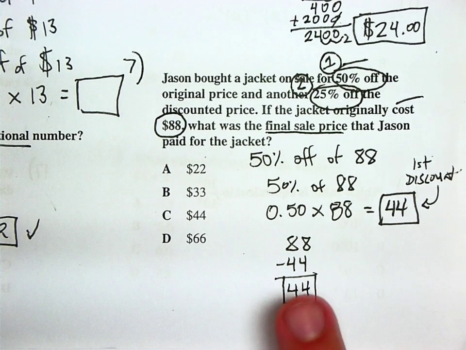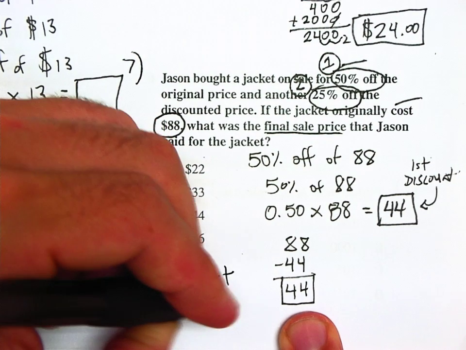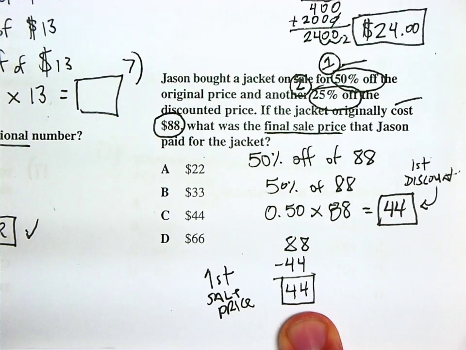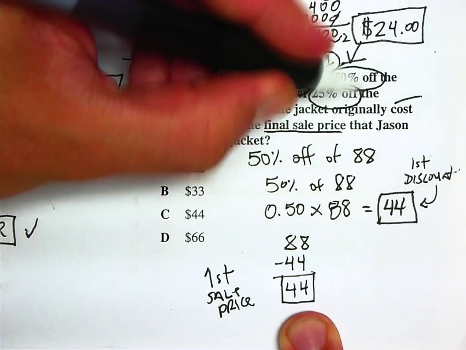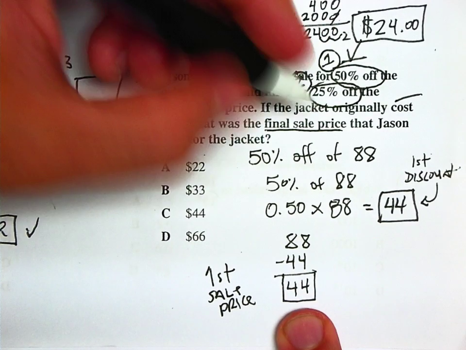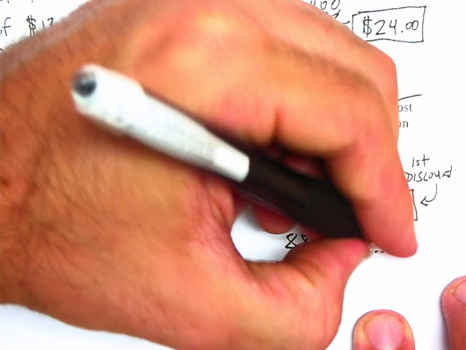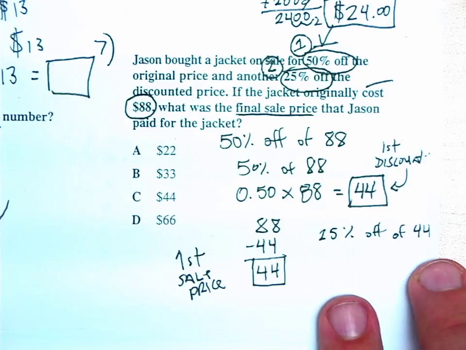That's the first sale price. But I still need to do step 2, which is to figure out another 25% off of the $44. So I need to figure out 25% off of $44.